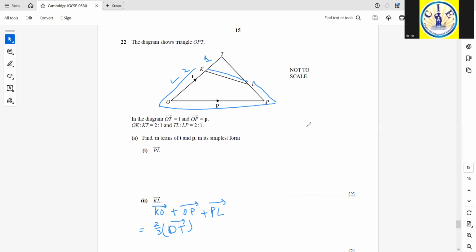Then plus OP is P, and plus PL that we just calculated, that was negative 1 by 3P plus 1 by 3T.